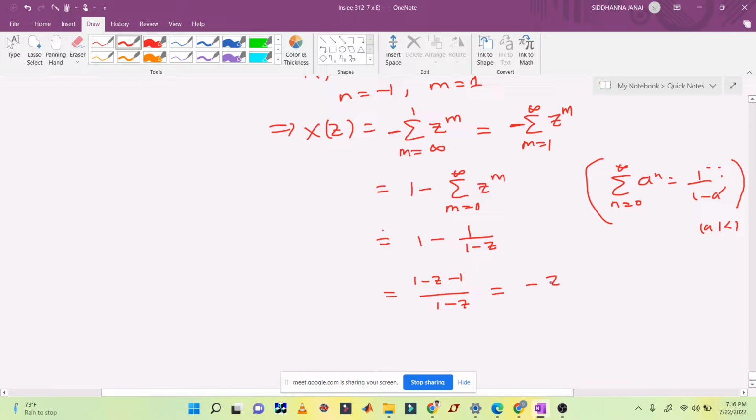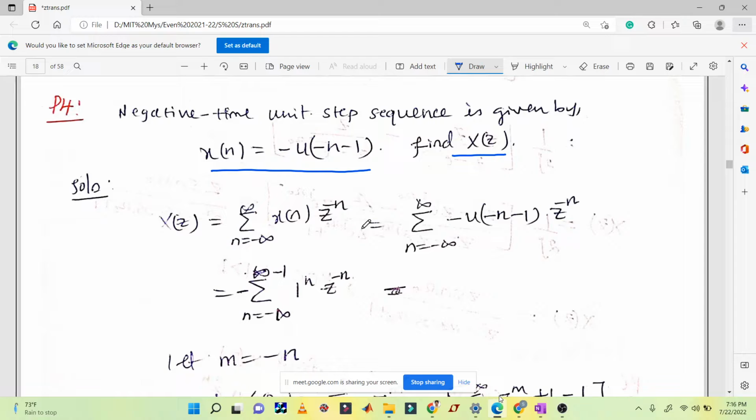So this is minus z divided by 1 minus z. Okay, this is the answer we are going to get.